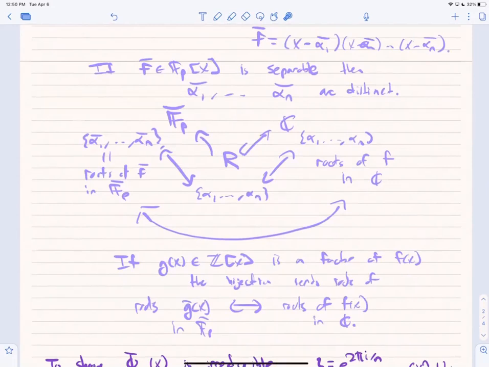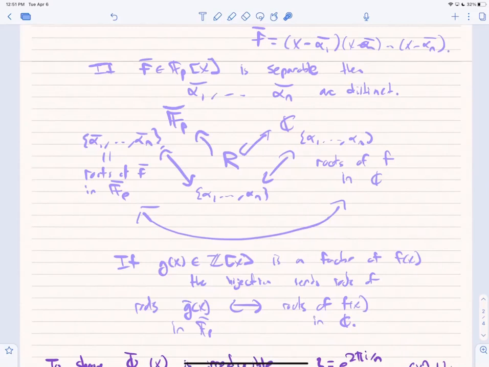And it would still be true that if you started with some irreducible factor G of f, then if alpha 1 was a root of G, alpha 1 bar to the p would be a root of G bar.